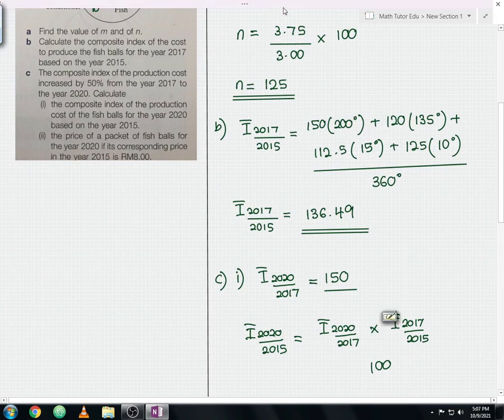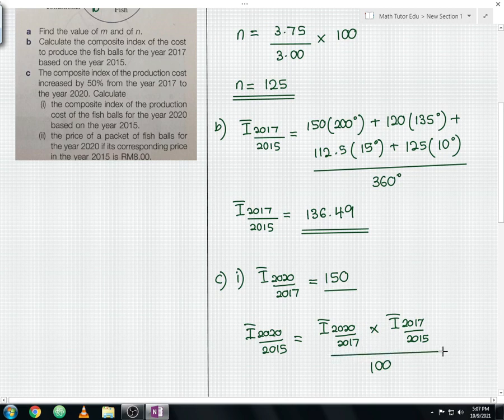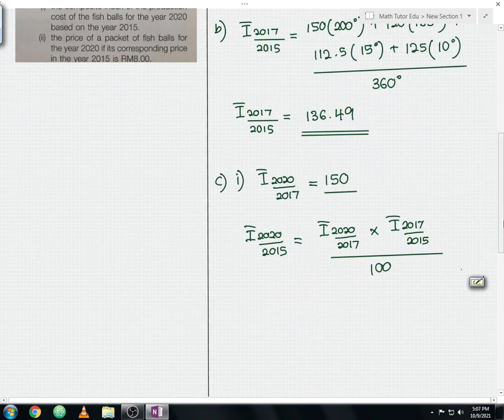Let me underline the fraction. Technically this 2017 and 2017 will cancel off, so you only are left with this expression guys.